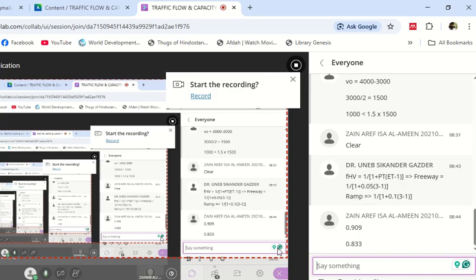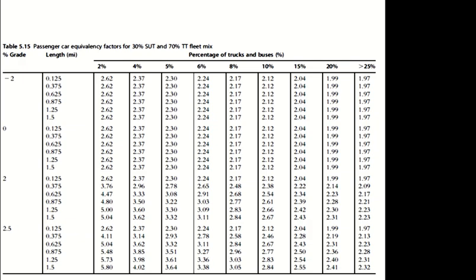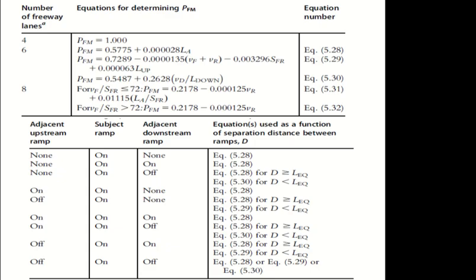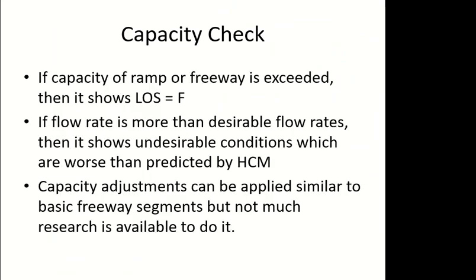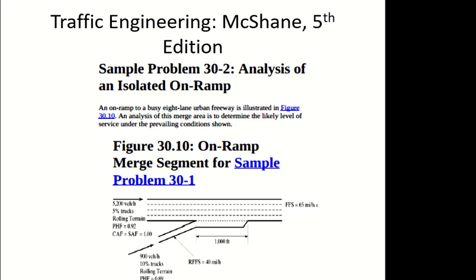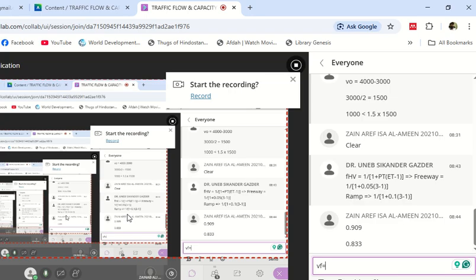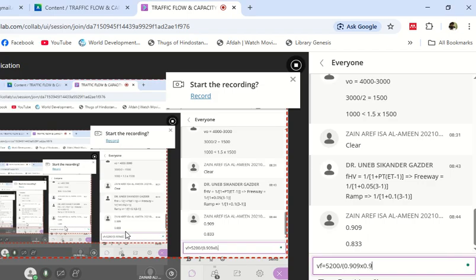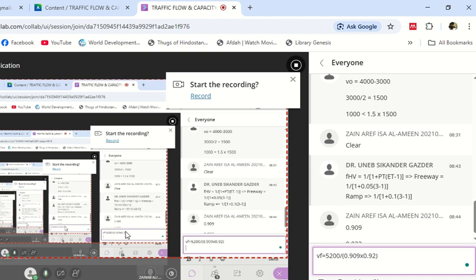Then I will go on and calculate the flow rate for the freeway and the ramp. So the flow rate on the freeway: the given volume is 5200, divided by 0.909 and the peak hour factor, which is 0.92. So this is for the freeway.